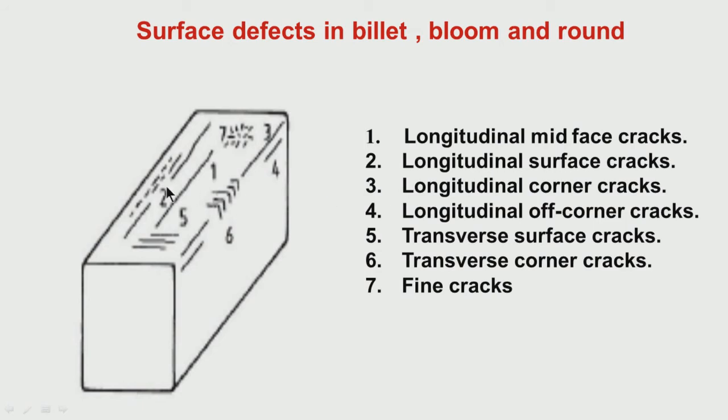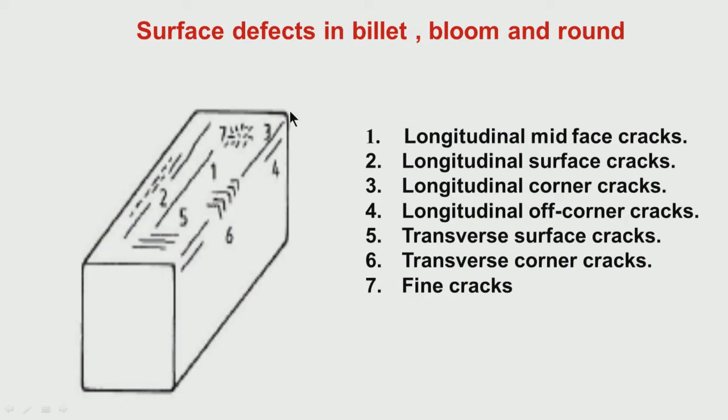Now, you can have other locations also, so these two are called longitudinal surface cracks. They can be quite long, or even small, the dimensions can be different, but from the location, if they are not in the mid face region, we call them longitudinal surface cracks. If it is the mid face region, we call it a mid face crack. Now, look at 3.